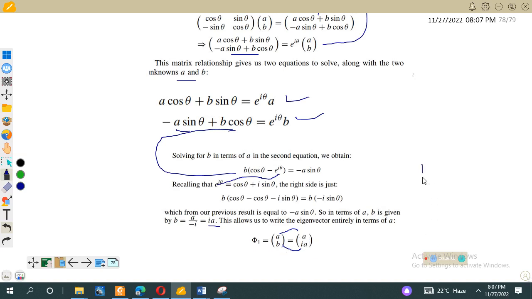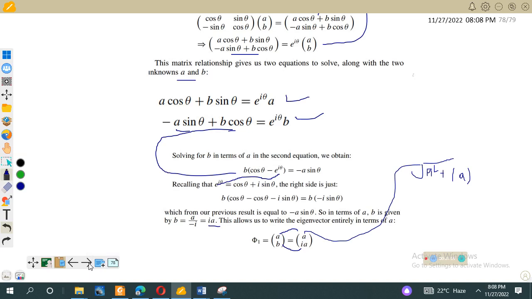You know that the normalization constant will be the first component squared plus the second component squared, that will be iota a squared only. So we will write a square plus iota square a square and divide by this magnitude. So this will give the unit vector, which is phi 1.